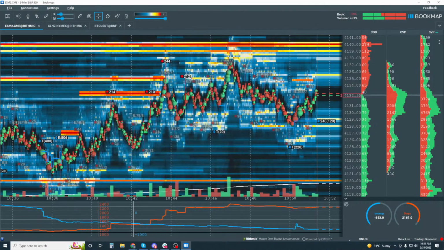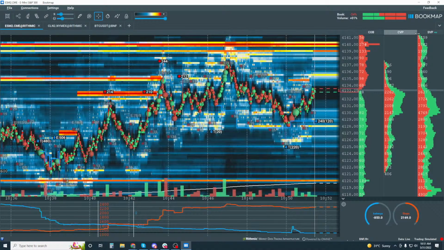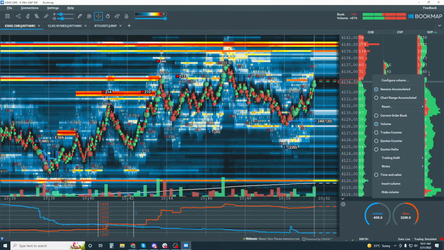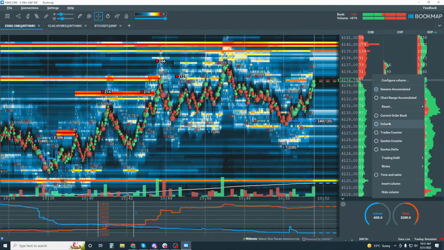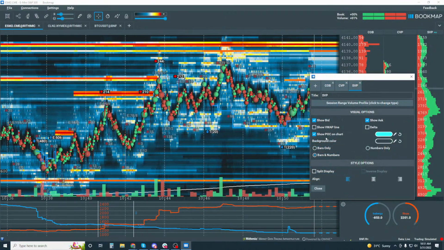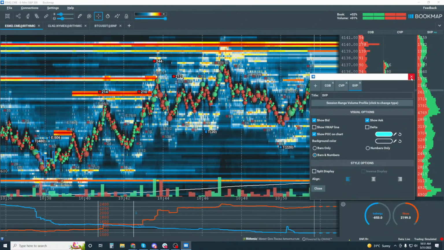Okay, and then for the POC, it's within the SVP column, like we were just showing Corwin. Here we right click. You have to be a volume column, session accumulated, and then configure it, and then you'll see POC here. Oh, I'm sorry, you're looking for the reset.